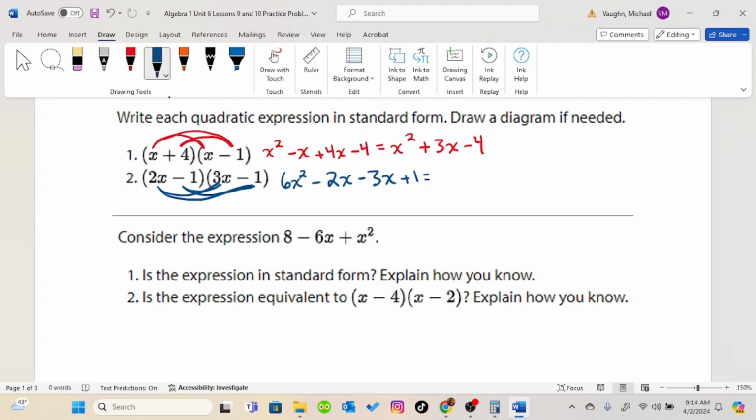Now we combine like terms, and negative 2x minus 3x is minus 5x. Our final answer is 6x squared minus 5x plus 1.